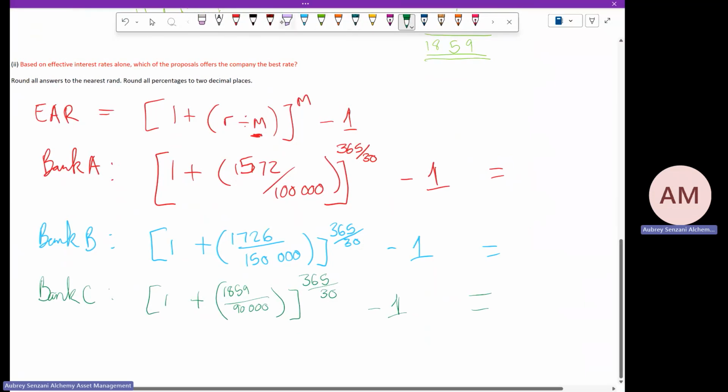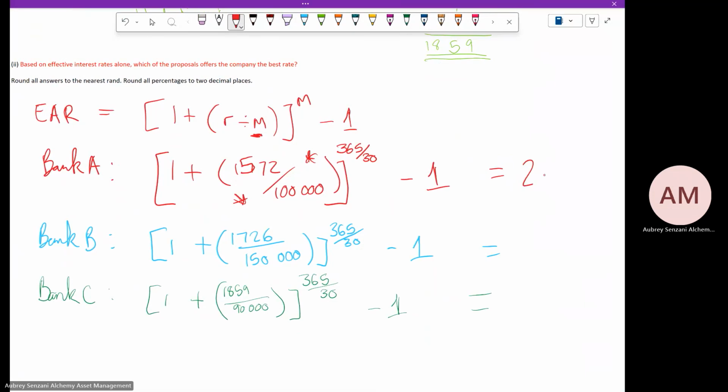Said the first one is what? R is, yes, R is the rate, which is what we've calculated here. That's what I'm also getting for the first one. Remember, you're not going to divide by M.